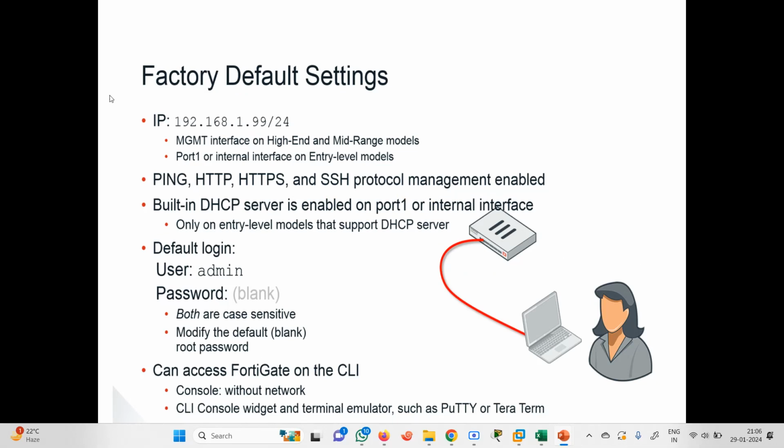By default, the firewall comes with the management IP address 192.168.1.99. You need to connect one LAN cable to your laptop for the first login before configuration. You also need to assign an IP from this series to your laptop, like 1.100, with a CIDR of /24, meaning 255.255.255.0, and your gateway will be 1.99, because this firewall will be the gateway for this laptop.